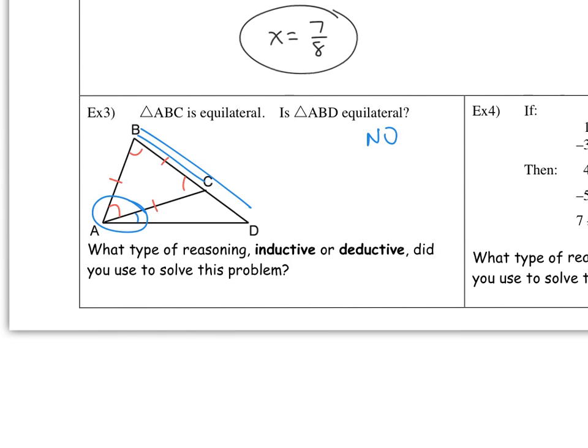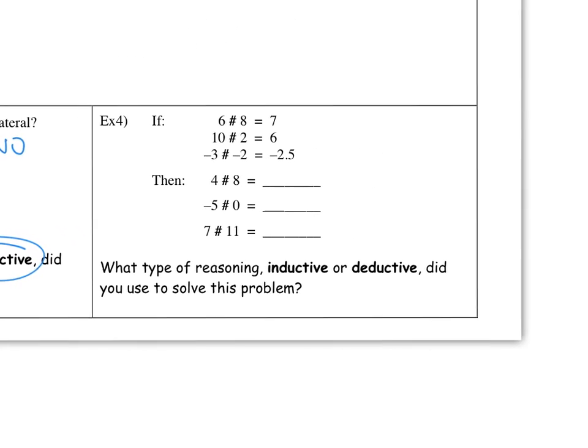So if this angle is already bigger than this angle, then that means this angle is going to be changed based upon the fact that this angle is different, it's not going to equal the other ones. So you're using mathematical principles to figure out your answer. So I would go with deductive reasoning here, okay? We're going based upon concepts of triangles.